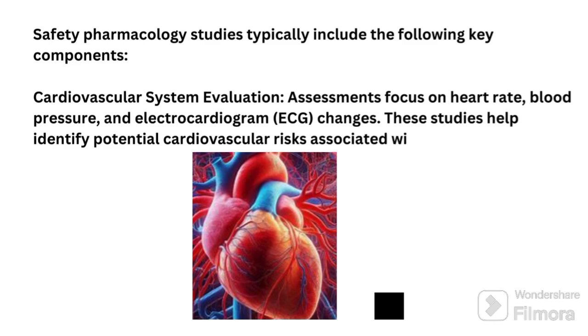These studies help to identify the potential cardiovascular risk associated with that particular drug molecule. So, how it is going to affect the heart rate, how it is going to affect the blood pressure, and what are the changes taking place in the ECG. All those things are done for the effect of that drug on the cardiovascular system.